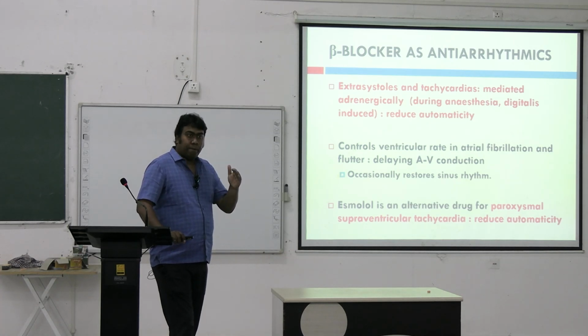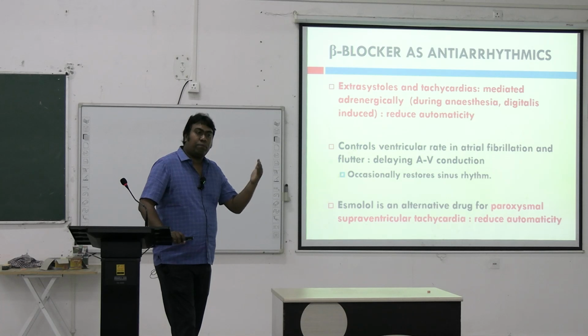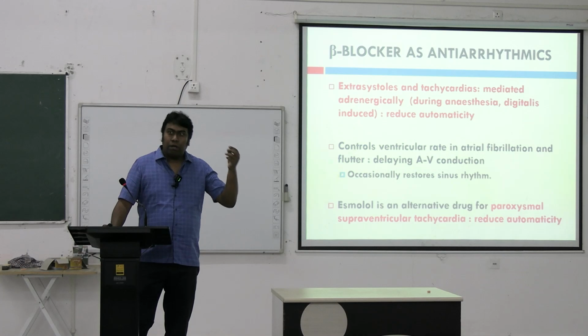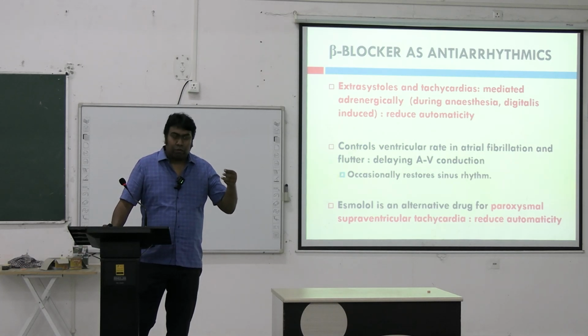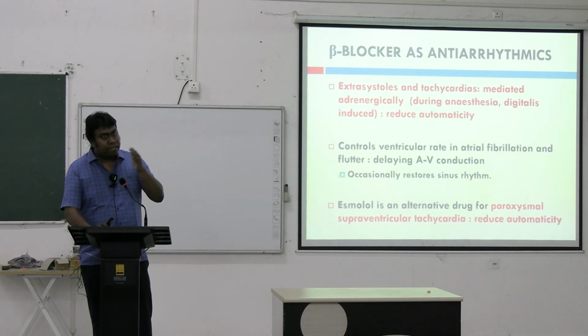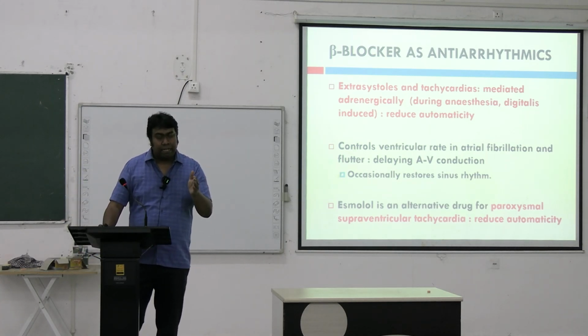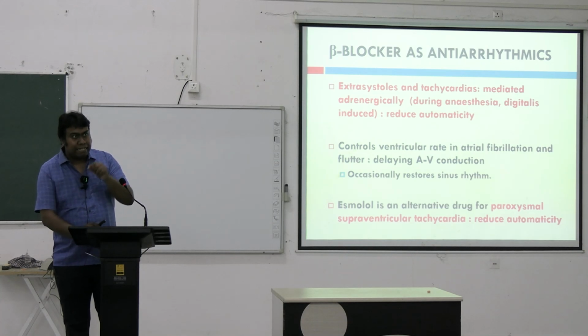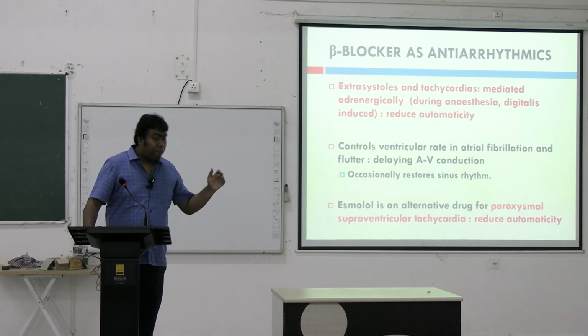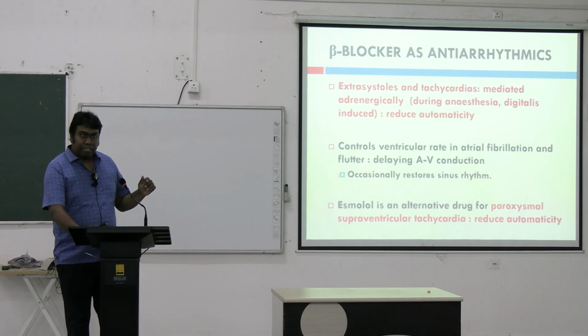Supraventricular means above the ventricle. What is above the ventricle? The atrium. So from the atrium, which structure generates the pulse? The SA node. If it is generated from the SA node, it is in sinus. That may be, if it is increased, sinus tachycardia. If it is decreased, sinus bradycardia. If the impulse generation is from a part of the atrium other than the SA node, but above the ventricle, that is supraventricular tachycardia.